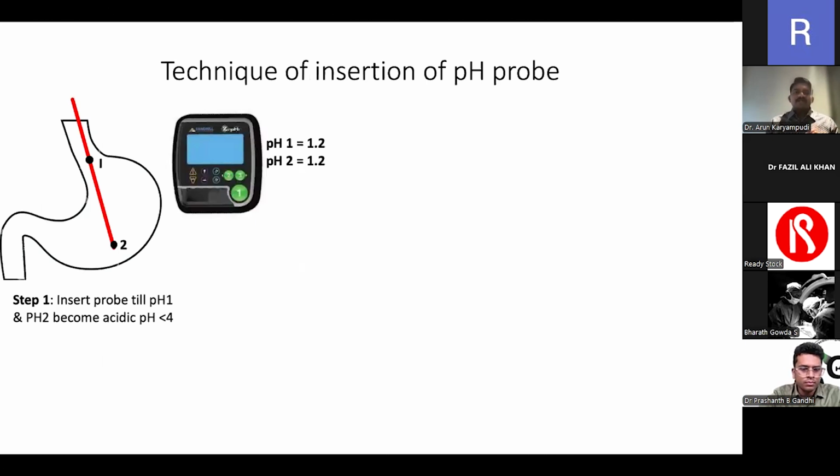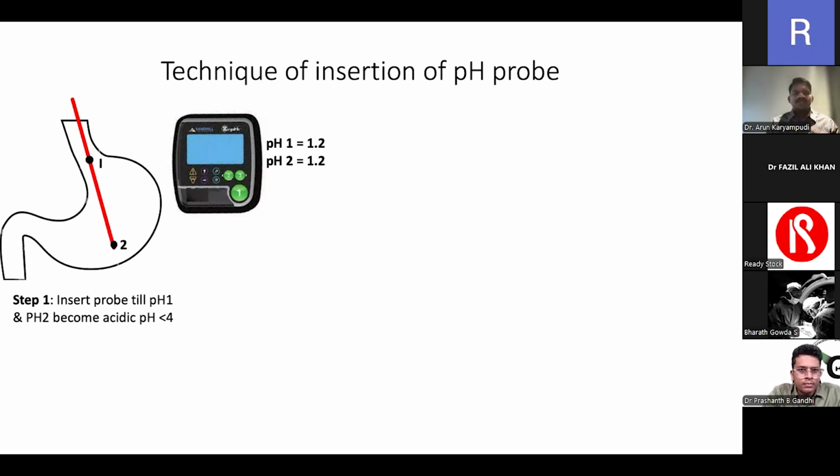So let me tell you the pull technique. It's very simple. When you use a dual pH catheter, that is an esophageal and gastric pH catheter, you place the pH catheter fully into the stomach. When both the sensors are in the stomach, both will show you an acidic value.